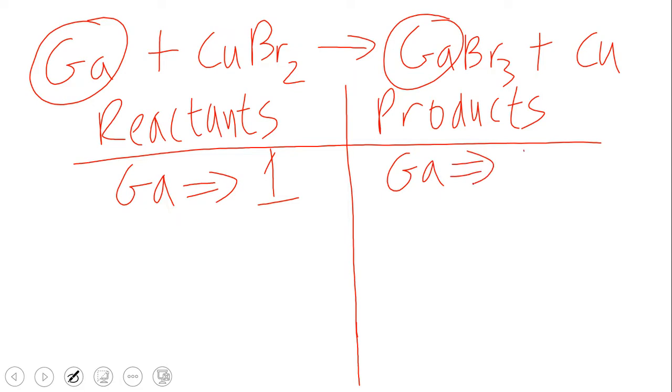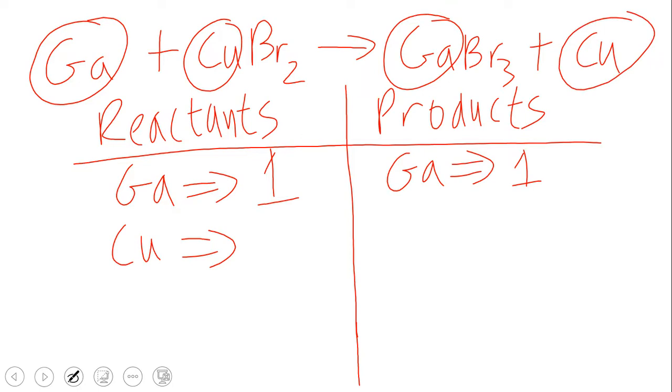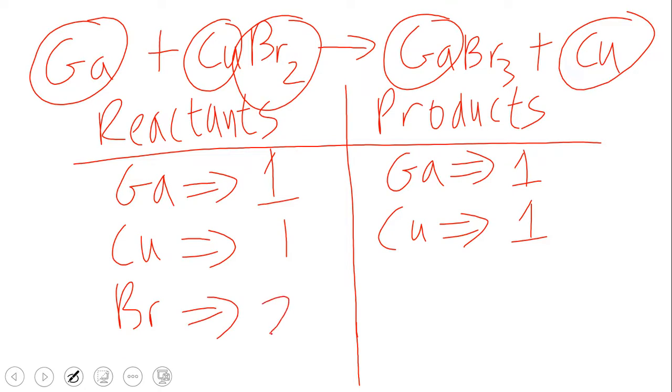So that's good. For Cu, we have one on this side, and for Cu here, we also have one. For Br, we have two, but for Br here, we have three. So there lies the problem. These two are supposed to be the same number, but they are different. And so we need to figure out how we are going to balance this.